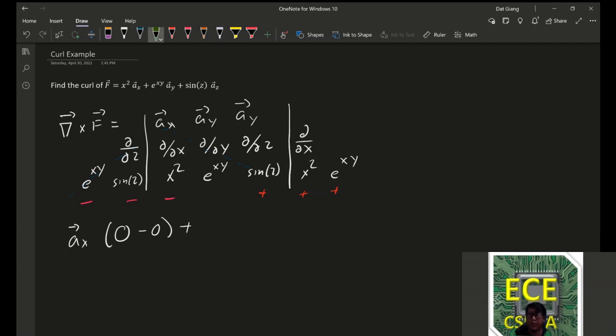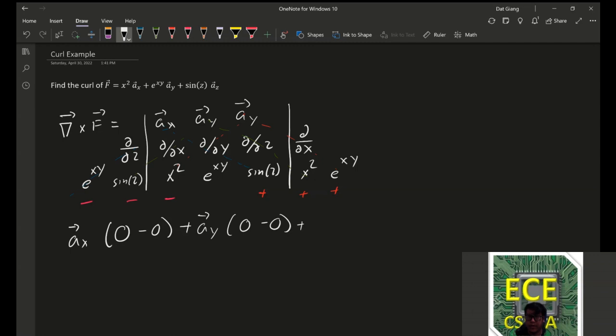Then we have the second operation, the partial derivative of z acting on x, minus the partial derivative of x acting on z. So we have ay, which is going to be 0 minus 0. And then lastly, we have the partial derivative of x acting on xy, and then the partial derivative of y acting on x.